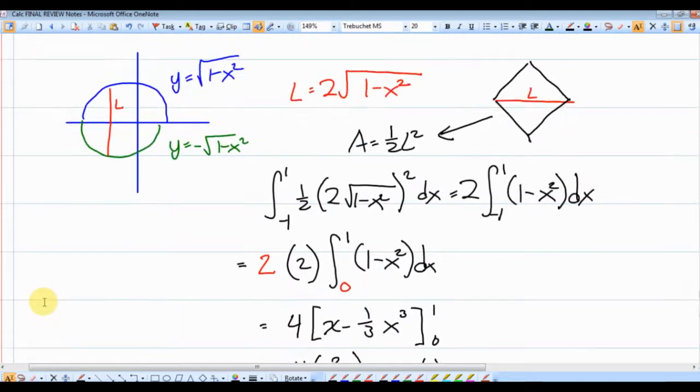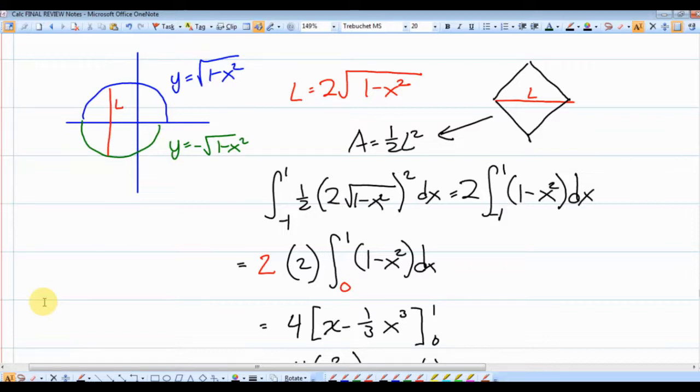Yeah. The area. There's a couple ways of doing it. The way that I did it right now was, this is a square, so it's a rhombus with both diagonals equal to L. So the area of a rhombus is 1/2 L squared, or 1/2 diagonal squared.